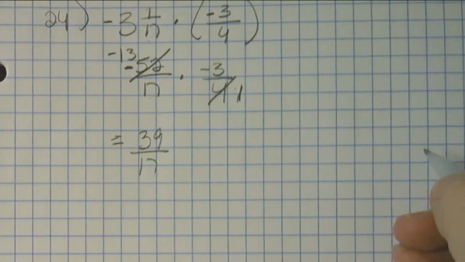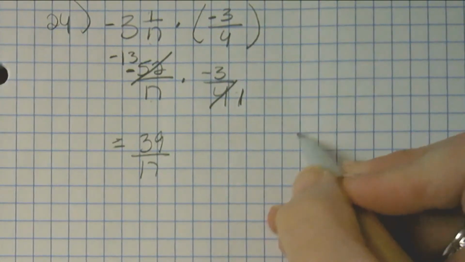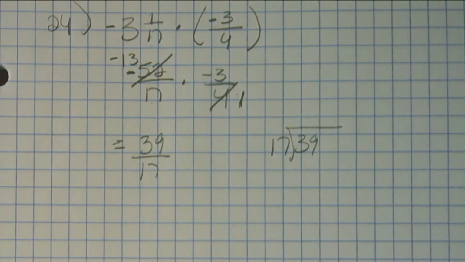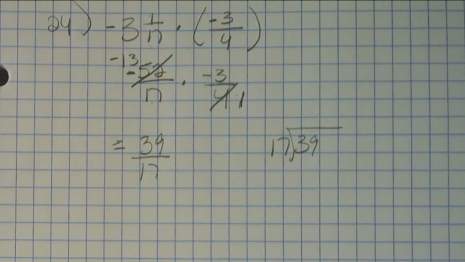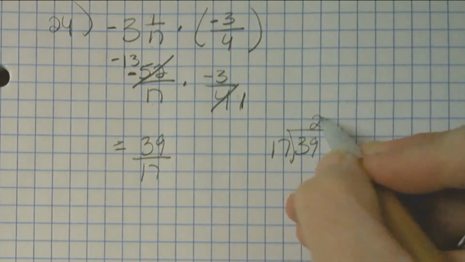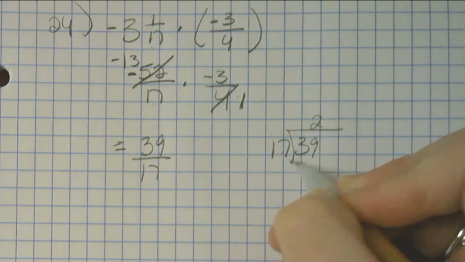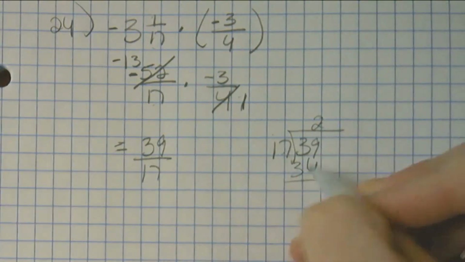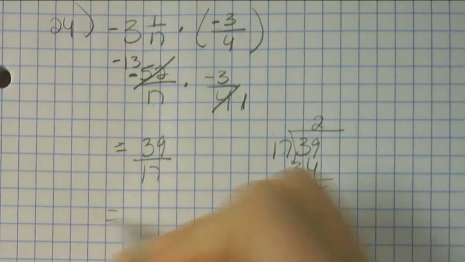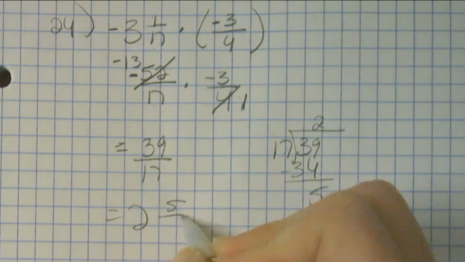Are you good so far? All right, so now I need to divide 39 by 17. 39 divided by 17 is going to give me a 2. That's 34, I believe. Yep, and this is going to be 5. So this ends up being 2 and 5/17ths.